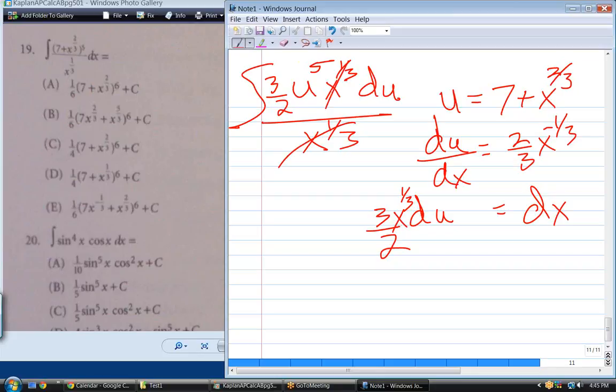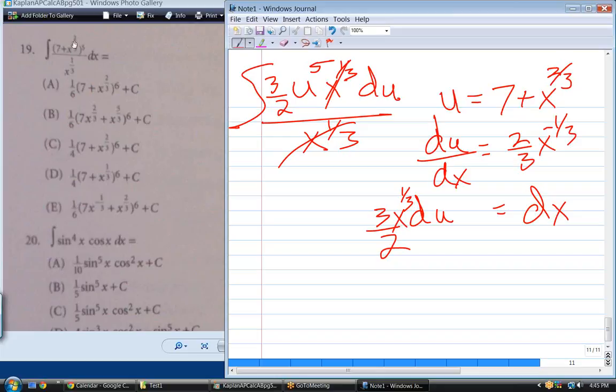Again, I have a simple integral in u. Now, you cannot integrate an integral in u if you have any x's in there. This only works because I'm able to cancel the x's and completely turn it into an integral in u. You can't always do that. So those problems you can't use u substitution. But always look for this.